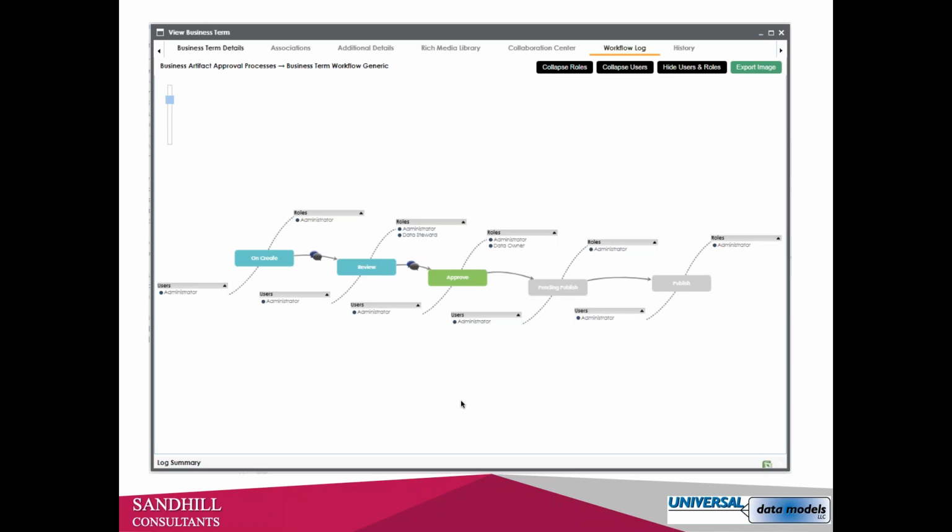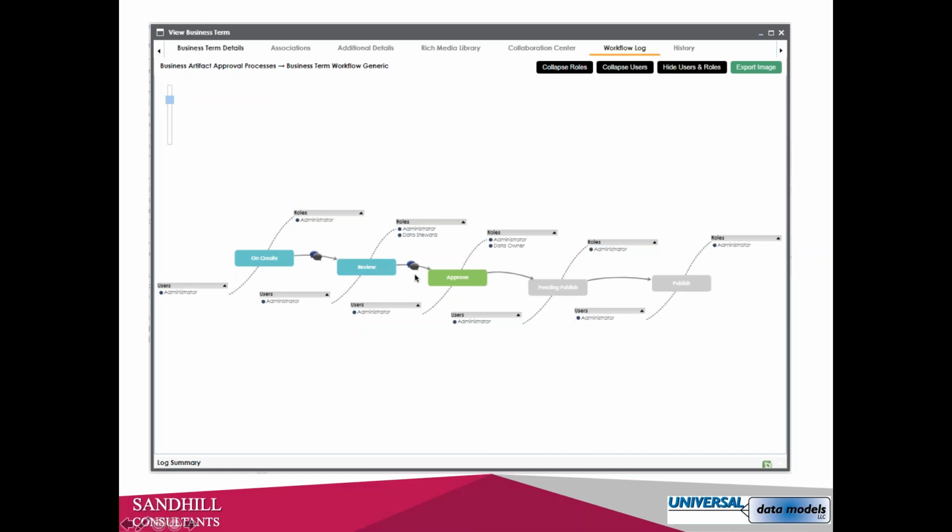And here you can see, if we look on the left-hand side and read across to the right, on create, this is the actual submission. Then we go to a review process, then an approval process, then a pending process, and then finally publication, which takes it from being a candidate term to actually being an approved term so that it can be used.